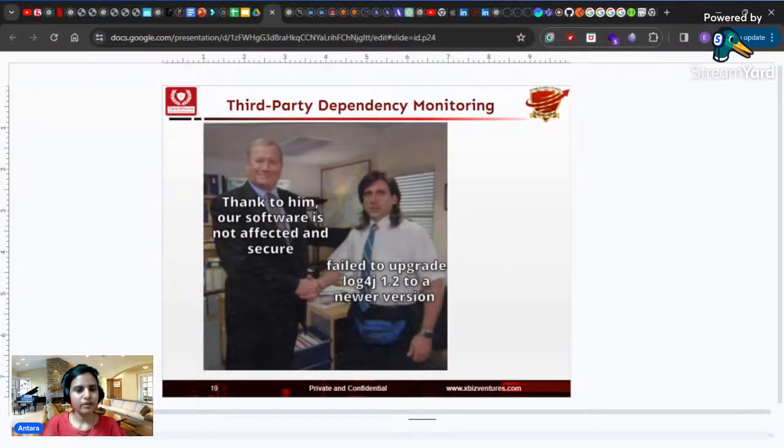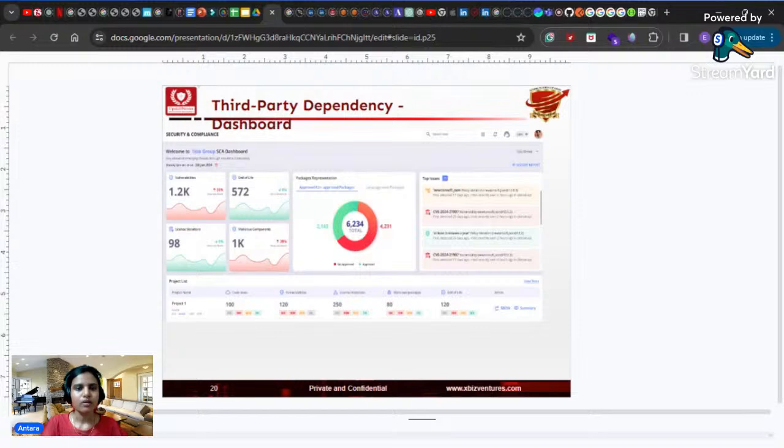So let's not forget the Log4j event that happened back in 2020, the dependency monitoring, right? As I said, it is crucial because third party components are very easy to detect. And if one particular component has a dependency on another component, and that component has a vulnerability in it, it readily affects your application, right?